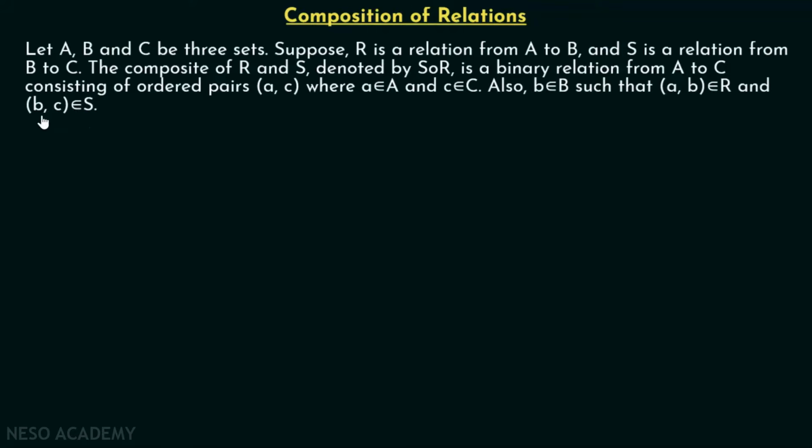So you can clearly see that B is the common element between R and S. And we are interested in finding the composition of R and S, denoted by SOR.